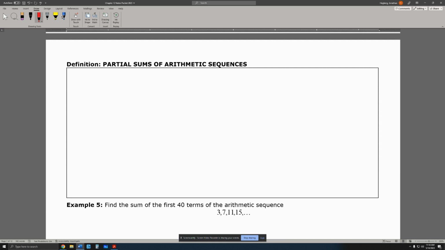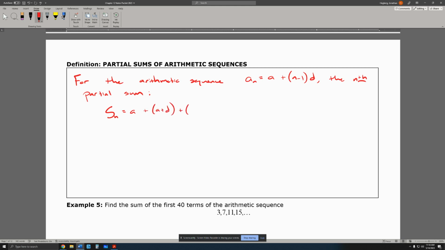So for the arithmetic sequence, which we already know is defined by a sub n is equal to a plus the quantity n minus 1 times d, the nth partial sum, remember the sum of the first n terms, is given by Sn is equal to a plus the second term, a plus d, plus the third term, a plus 2d, and so on, all the way up to the nth term, which is a plus the quantity n minus 1 times d.